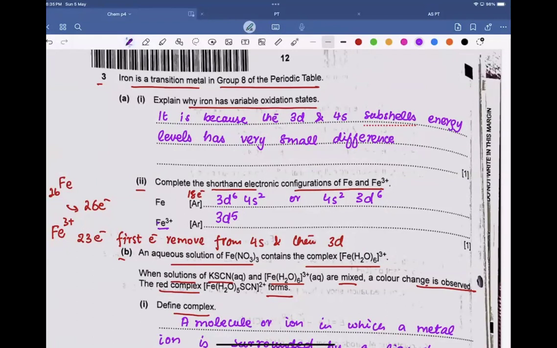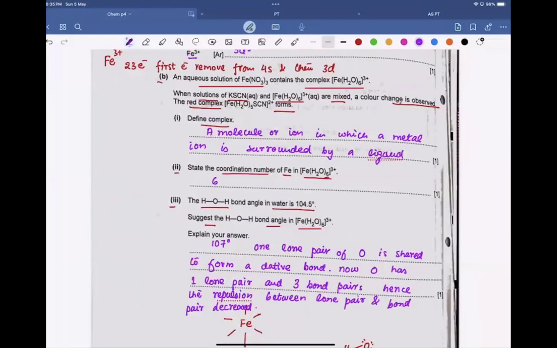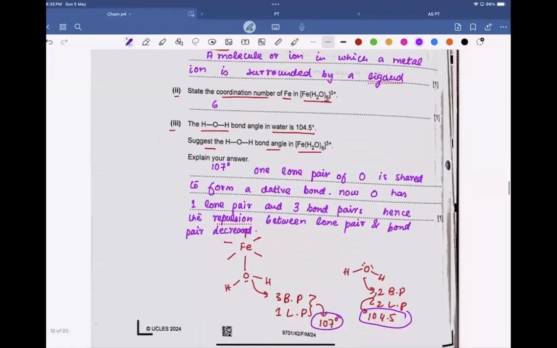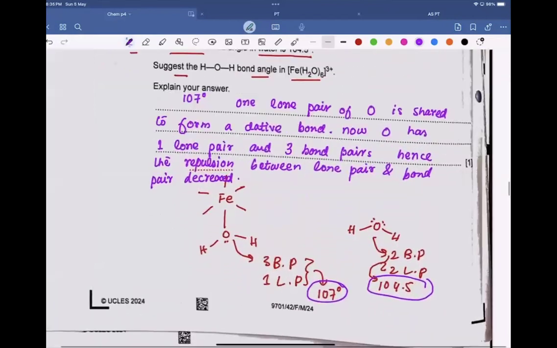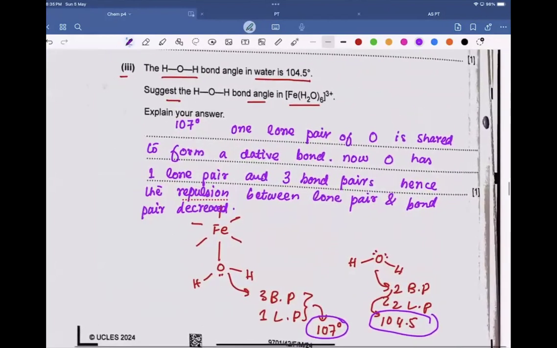Yeah, sorry, it's not two bond pairs, it's three bond pairs. Yes. Okay. So till here, is this clear to all of you?